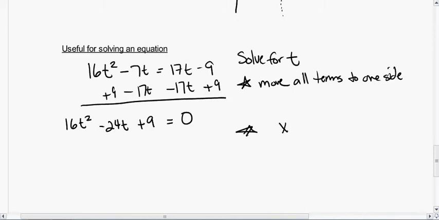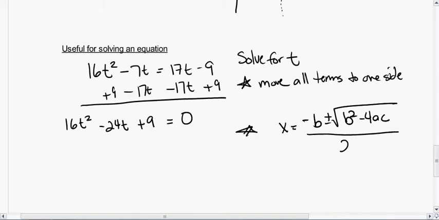So the quadratic formula is x equals the opposite of b plus or minus the square root of b squared minus 4 times a times c all over 2 times a. And of course, in this case, I'm going to be solving for t, but the a, the b, and the c are exactly what they always are.